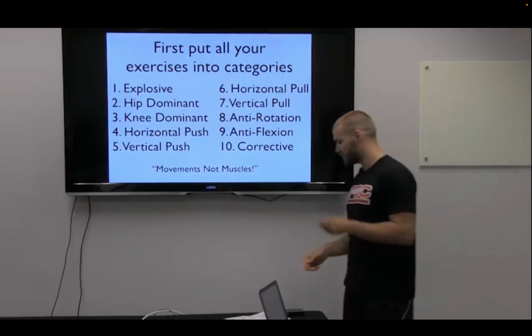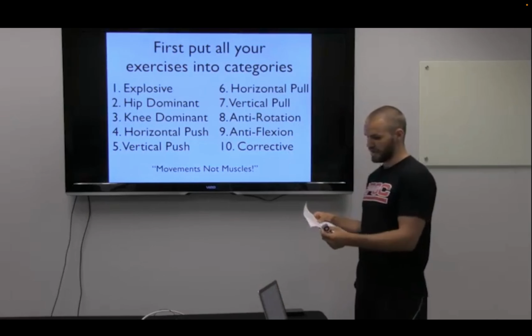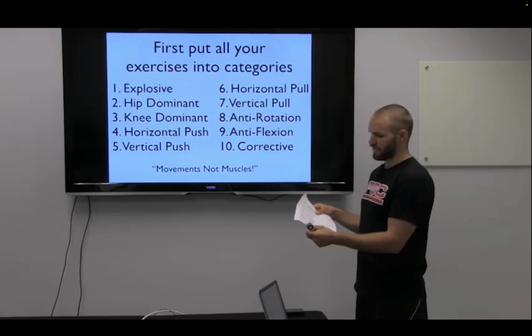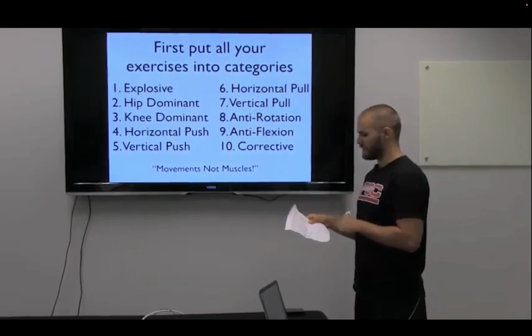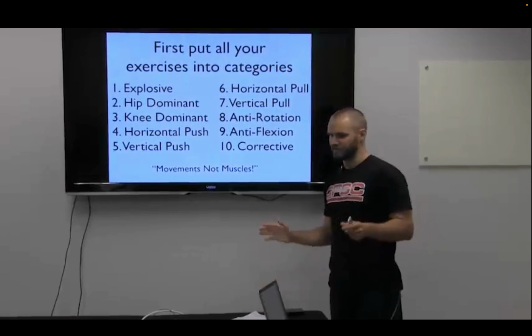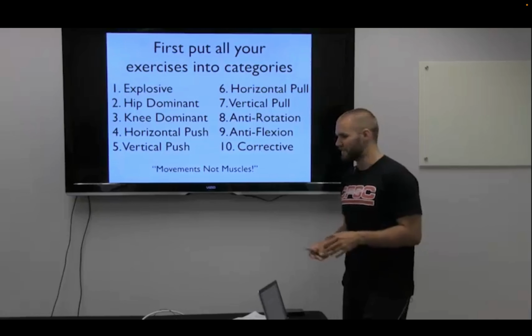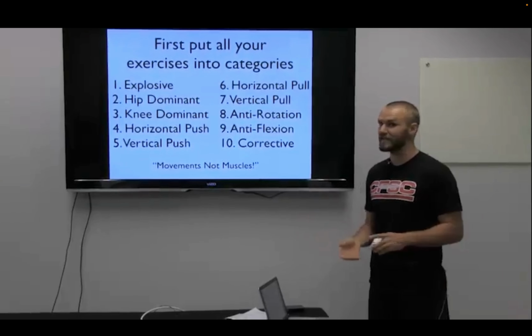Number one thing, first thing you do is you put all your exercises into categories. So if you look at the sheet, I have an explosive lift category, vertical press, vertical pull, horizontal pull, anti-rotation, anti-flexion, knee dominant, hip dominant, and then I have corrective. Corrective's a poor word because it means so many things, but I feel like everyone in the industry probably understands that.